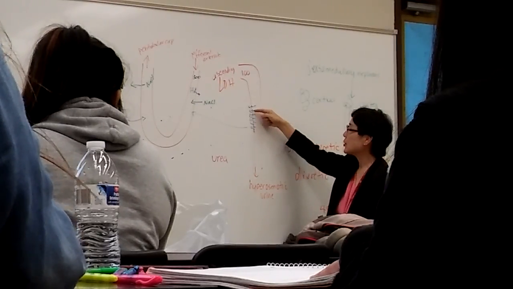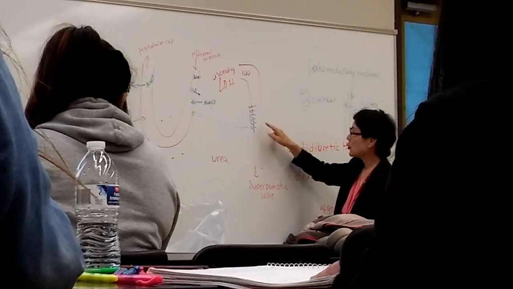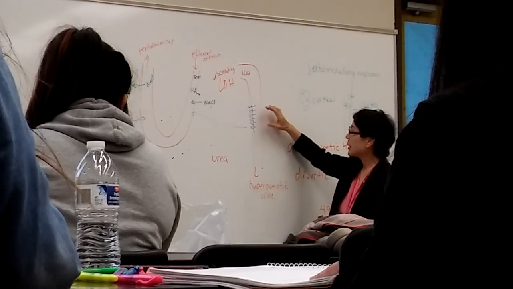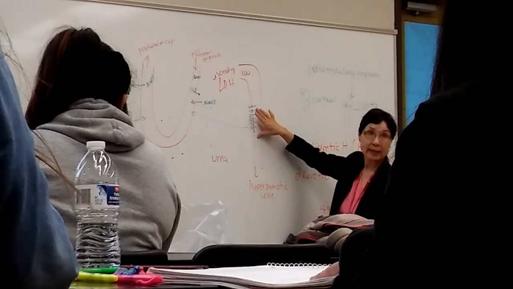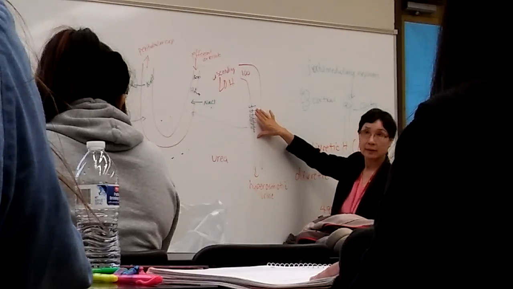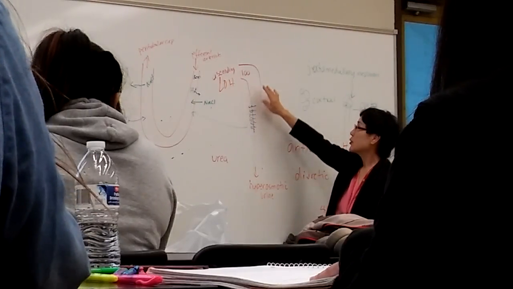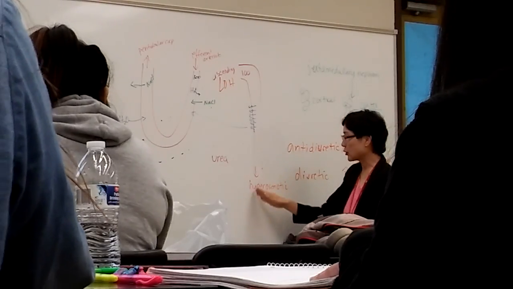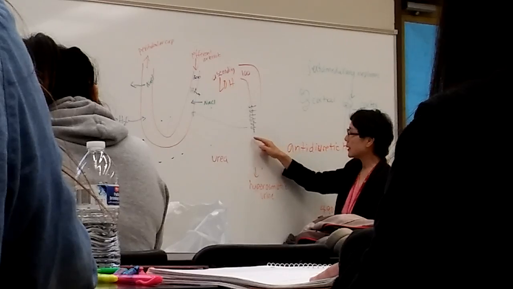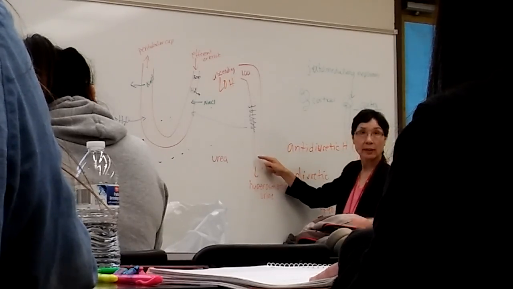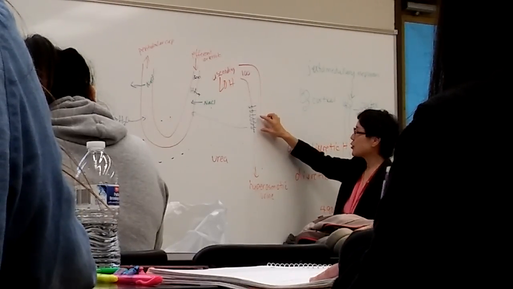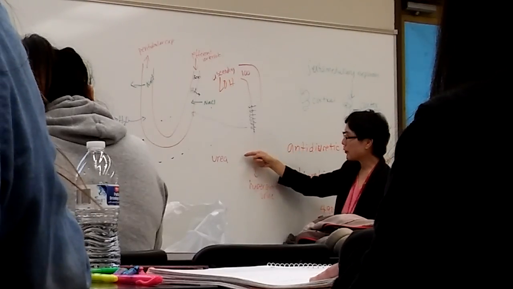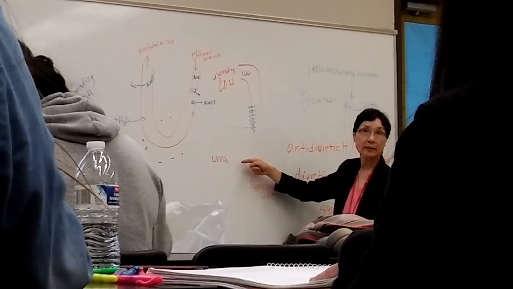But once the aquaporins are present, urea is able to leave eventually after the water, because you have created a urea gradient here. Okay? So the solutes stay here as the water leaves, and that's why you have a salty urine. But urea is somewhat permeable in this membrane, so as the concentration of urea increases as you lose water, that causes more of the urea to leave the collecting duct.